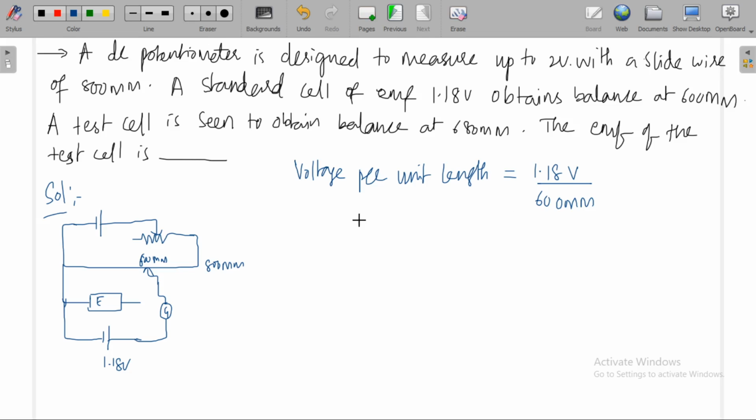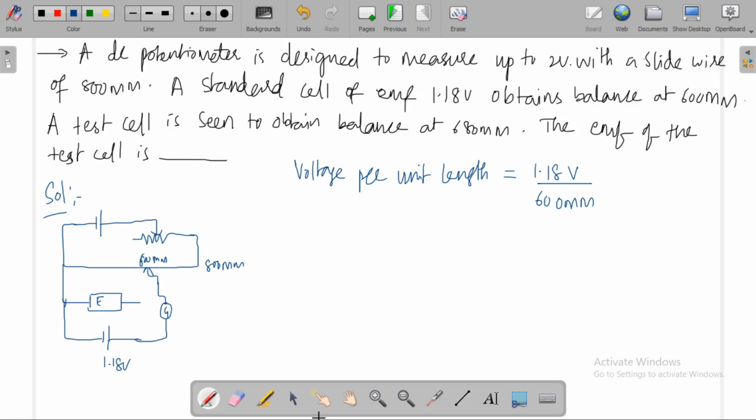Then the EMF of the test cell. Now this is connected to the test cell, which is thrown to the operate position. Then it is balanced at the 680 mm mark on the scale.